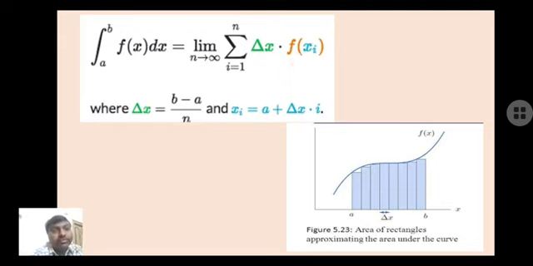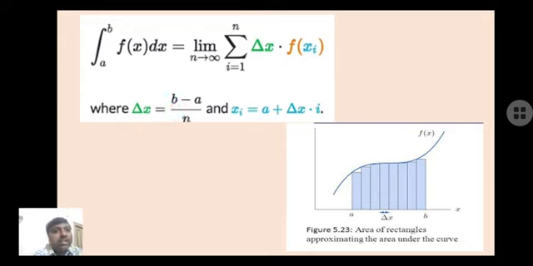That means I take the function f of x, the blue line, and the x values in between a and b, and I partition the domain ab into rectangles, each of length delta x, where delta x is equal to b minus a by n.